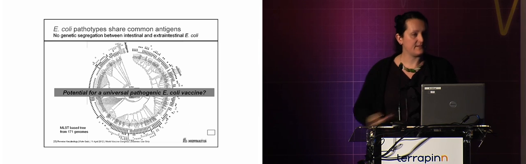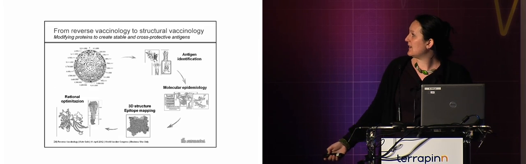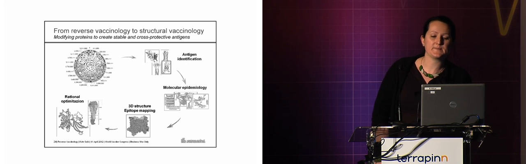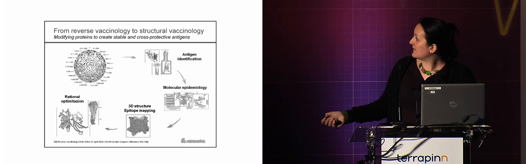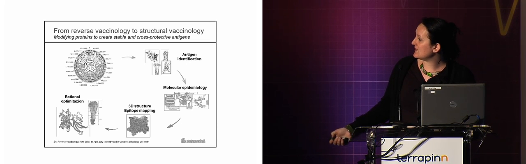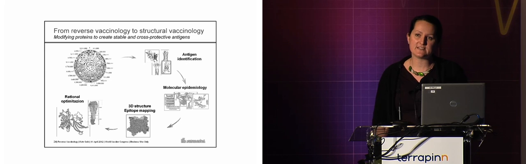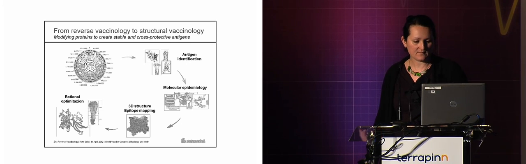So now, just in the last few minutes, I'd like to touch on the use of structural vaccinology and the way in which genomics, reverse vaccinology, molecular epidemiology, structural biology and epitope mapping are all being used together to identify and optimize new vaccine antigens.